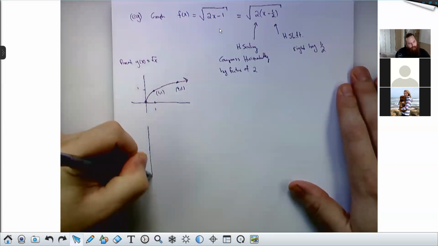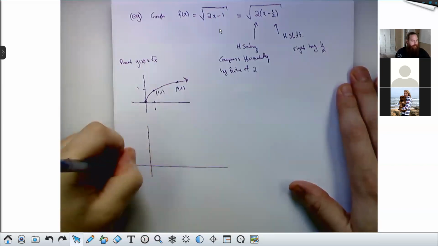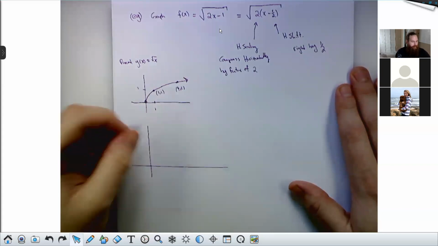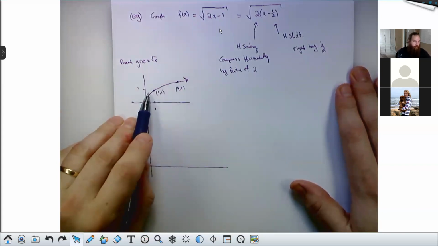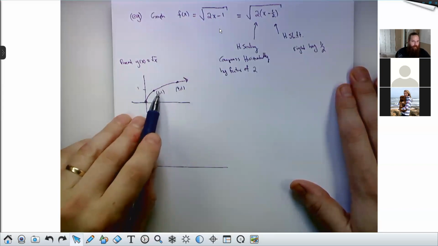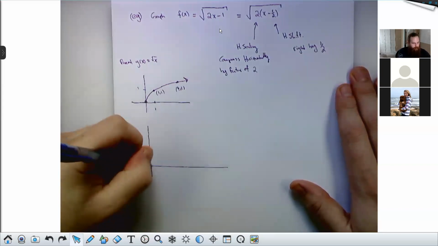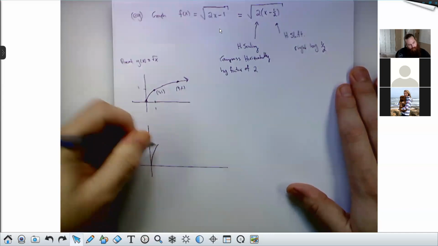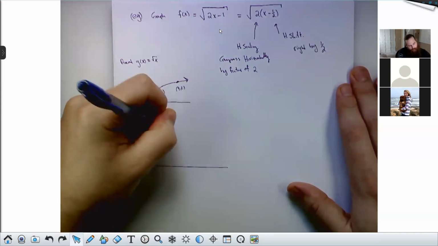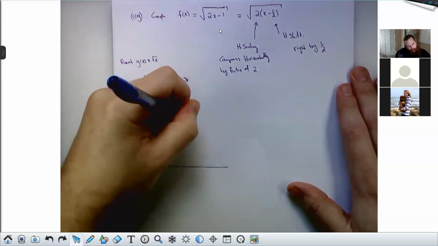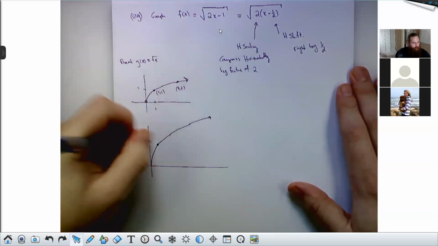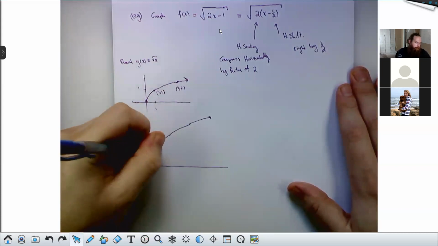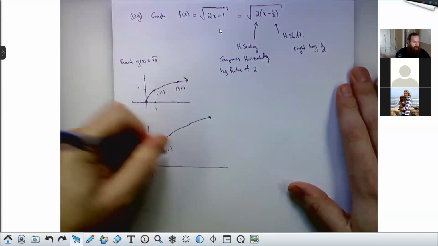So my first step here is to do any horizontal scalings. If I bring this guy in by a factor of 2, that means I'm going to divide the x value by 2. So rather than 1, 1, I have the point 1/2, 1.